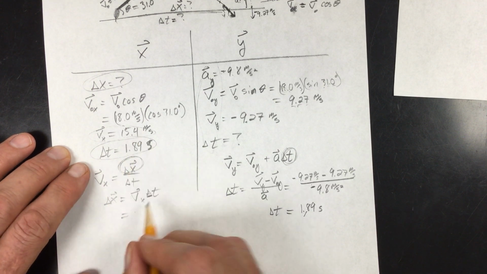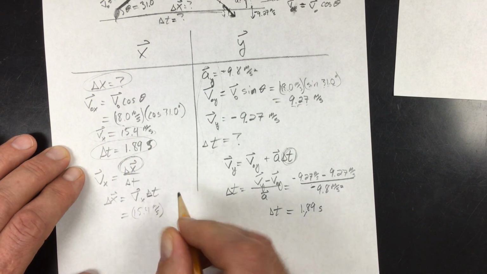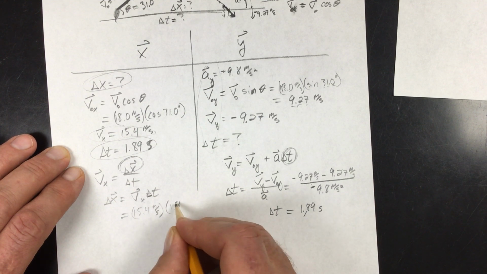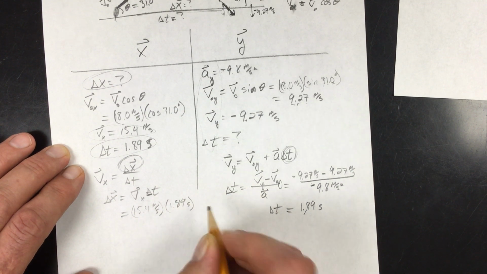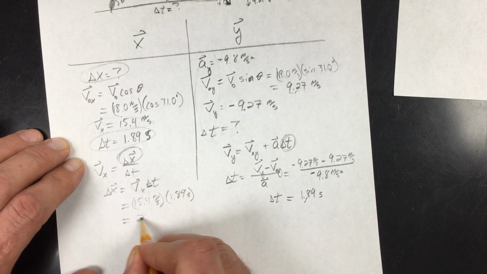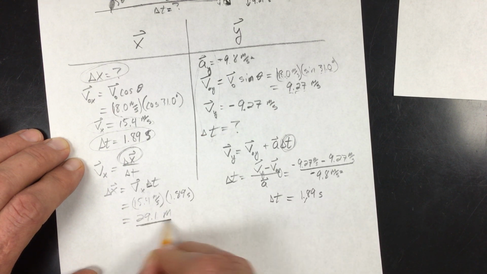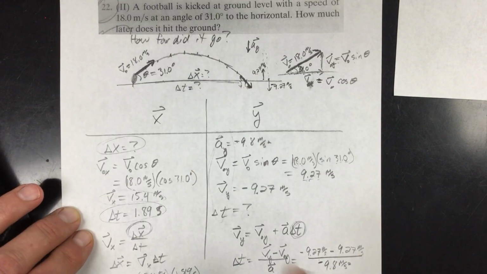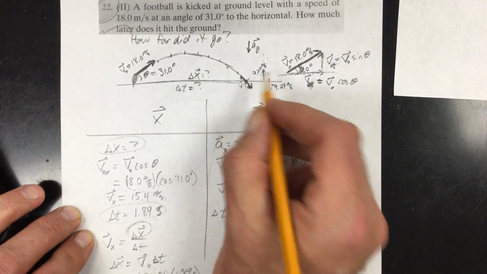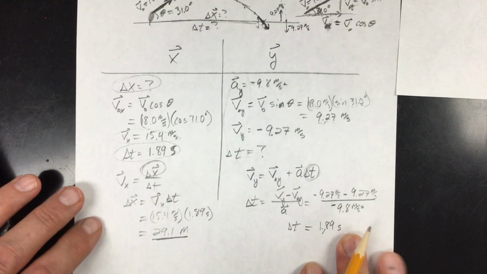My velocity in the horizontal direction is 15.4 meters per second. The time spent in the air was 1.89 seconds. And when I do that, the ball was kicked and stayed in the air for a distance of 29.1 meters. So if I'm trying to catch my kick, I'd better be standing 29.1 meters away from wherever it was kicked. All right?